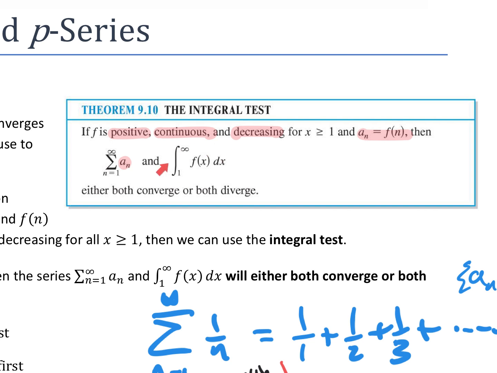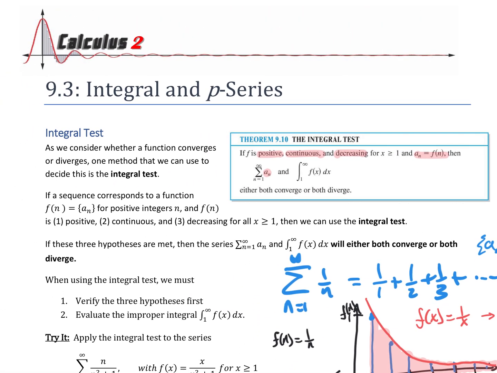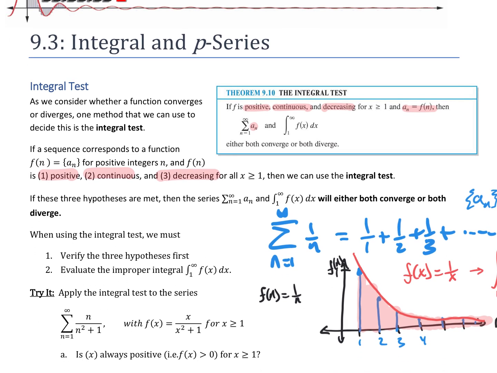So in other words, we can look at the integral. If we know the integral converges, then the series does. If the integral diverges, then the series will diverge. So the key here is we need to make sure that it's positive, continuous, and decreasing first. If that's true, then we can use the integral test. If it's not true, we've got to do something else. These are what we call the three hypotheses of the integral test.